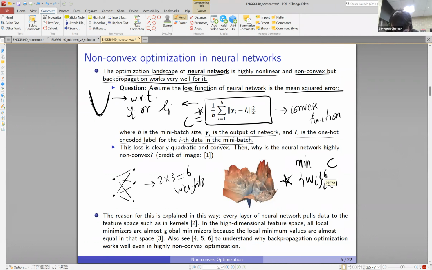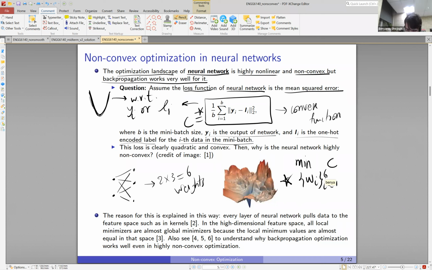So you will tune your Wi's in a way that yi becomes very similar to li. And that's why the optimization landscape of the neural network is non-convex and nonlinear, even when the loss function used is a convex function with respect to y, the output of the neural network.